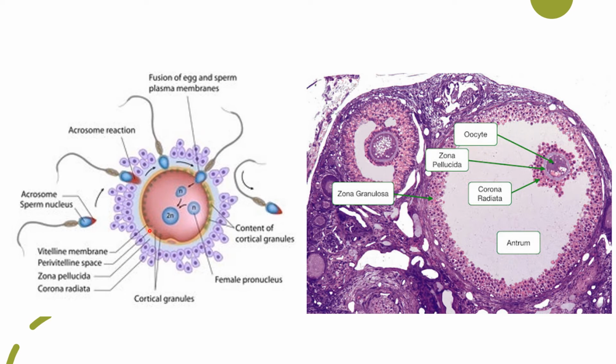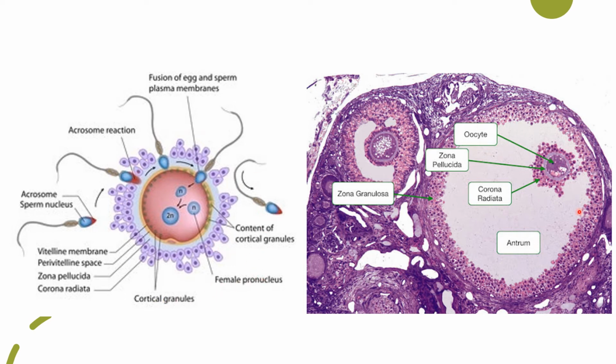You have cortical granules, the vitelline membrane, the perivitelline space, the zona pellucida outside, and then the corona radiata. All of these layers of membrane enclosing your egg cell will be penetrated by the head, or the acrosome, of the sperm.